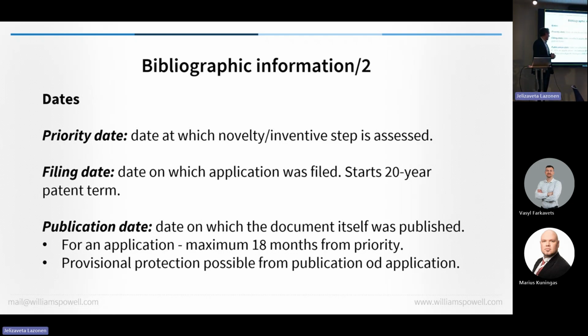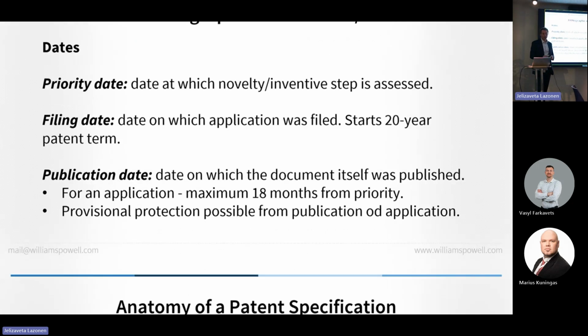So it's worth bearing in mind that the publication date can also be important for determining whether or not there's an infringement issue. There are criteria that need to be met for infringement of a published application to be found, but it's possible, so it's just worth bearing in mind.